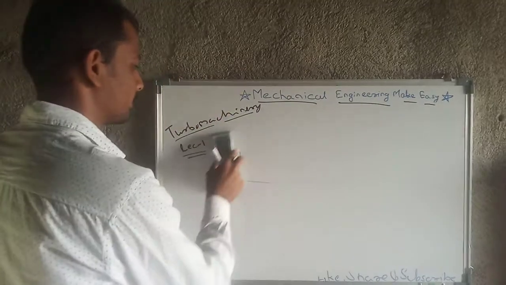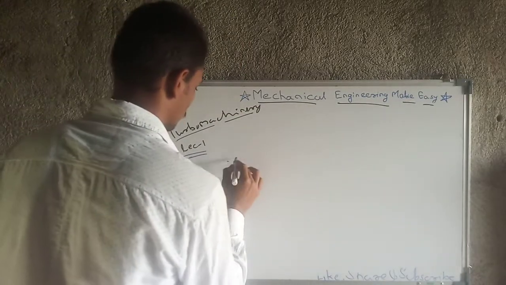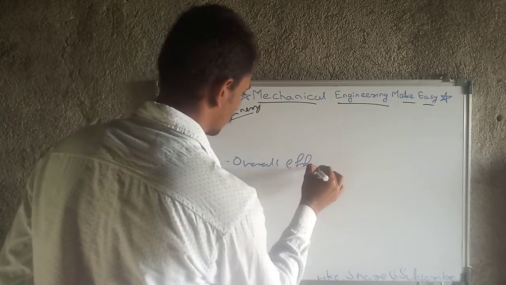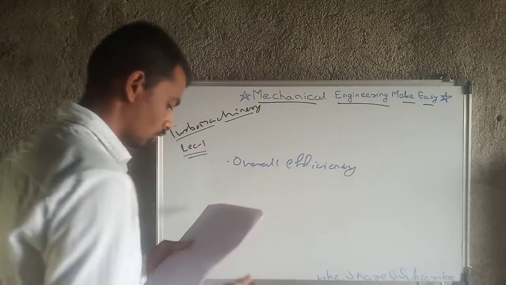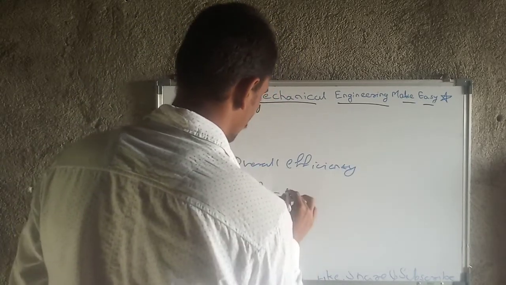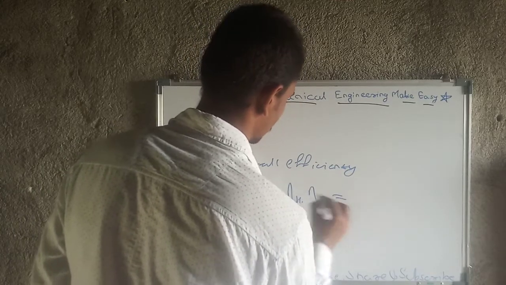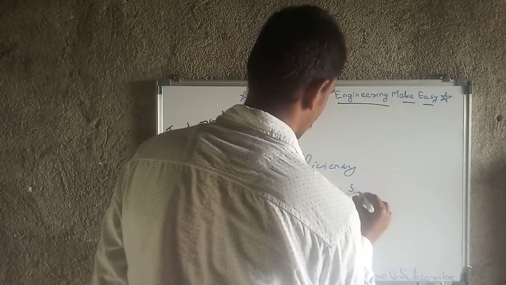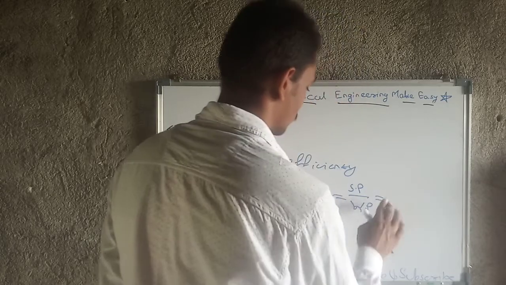So, overall efficiency. What is overall efficiency? Overall efficiency, denoted by eta O, is equal to hydraulic efficiency into mechanical efficiency, which is equal to shaft power upon water power.